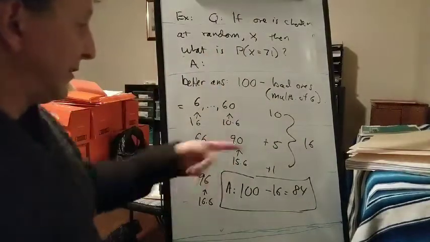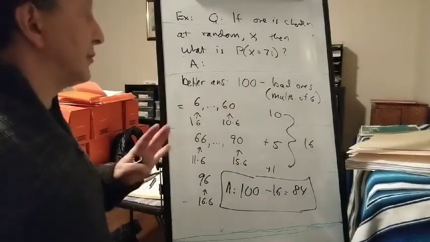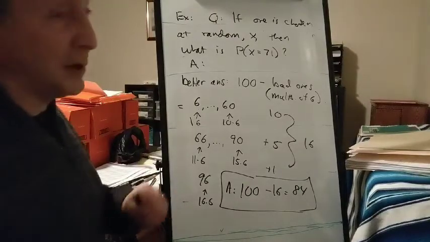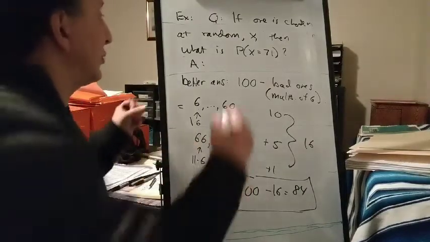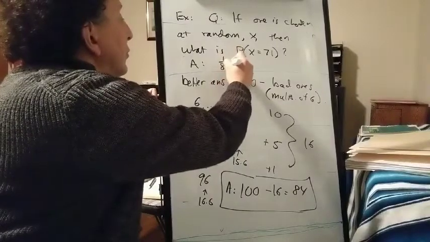And the answer is we decided there's 84 of them. If they're chosen at random and we don't have any stronger opinion about which one is going to be chosen, then the answer is 1 over 84.